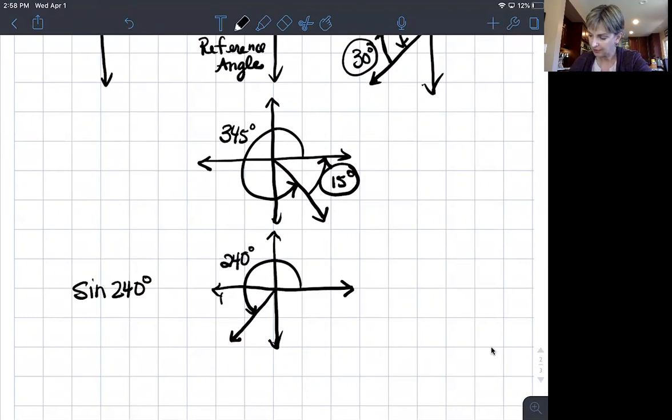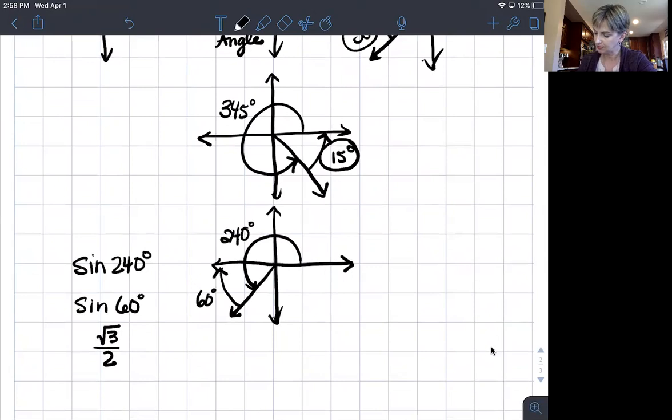The angle that gets me to the x-axis would be 60 degrees. So what is the sine of 60 degrees? For that, we can go back to the table we used a few lessons ago: the sine of 60 degrees is the square root of 3 over 2.